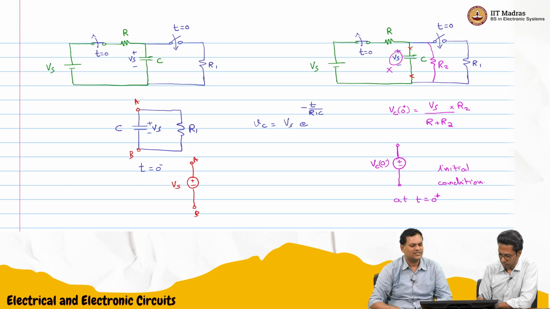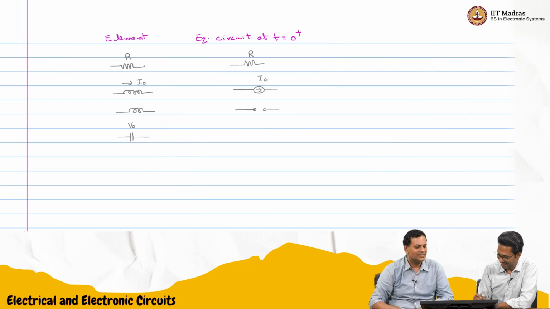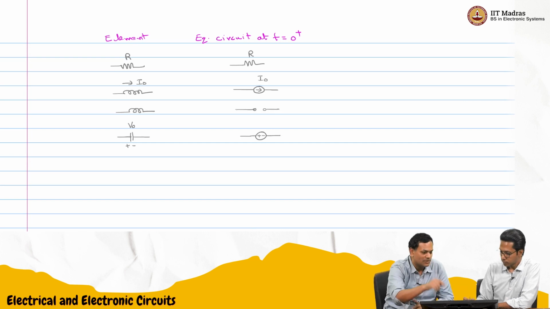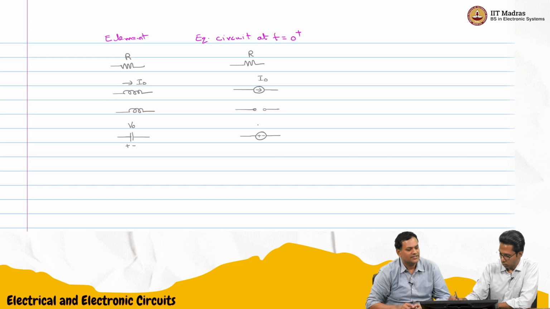It's very clear. We just need to show the polarity here. So plus minus, then it's a voltage source with the same polarity. The value is V naught.